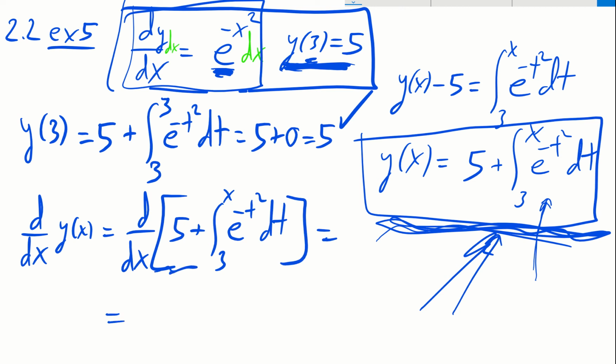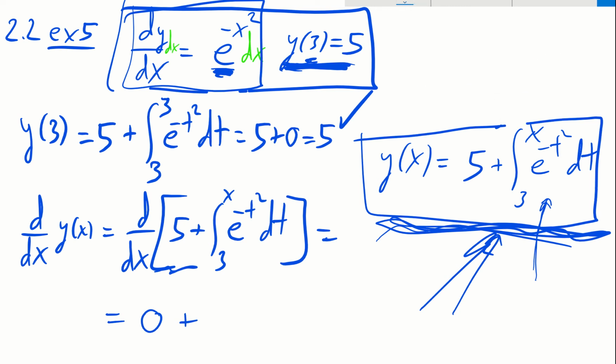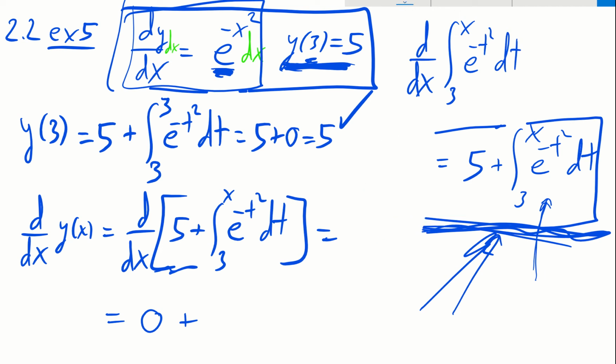First of all, the derivative of a constant is going to be 0, plus, and now we're going to differentiate an integral. This is fun. So the question of the day is, what is the derivative with respect to x of the integral from 3 to x of e to the negative t squared dt? And this is going to follow directly from the fundamental theorem of calculus.